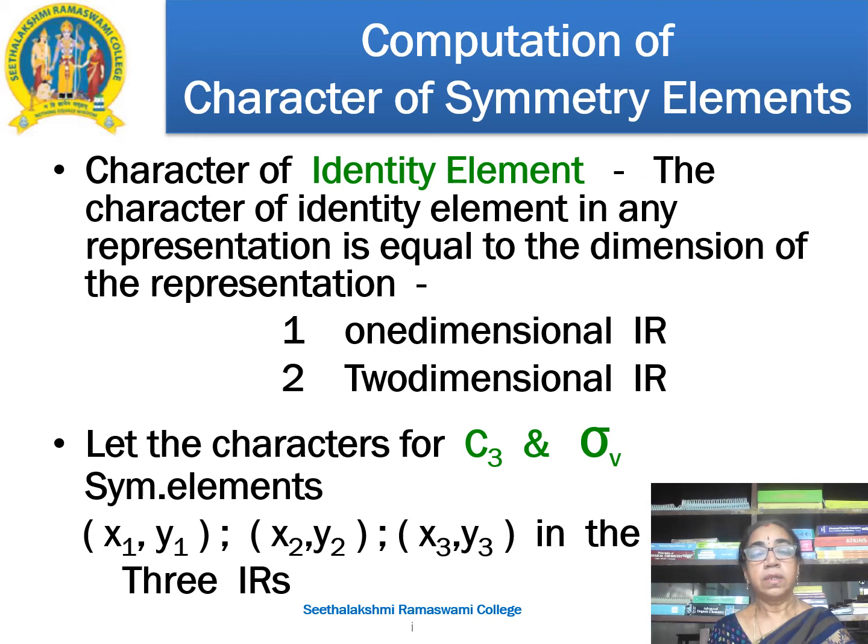Now, the characters for the C3 and sigma V symmetry elements are to be evaluated. Let them be represented as x1, y1, x2, y2 and x3, y3 in the three irreducible representations.